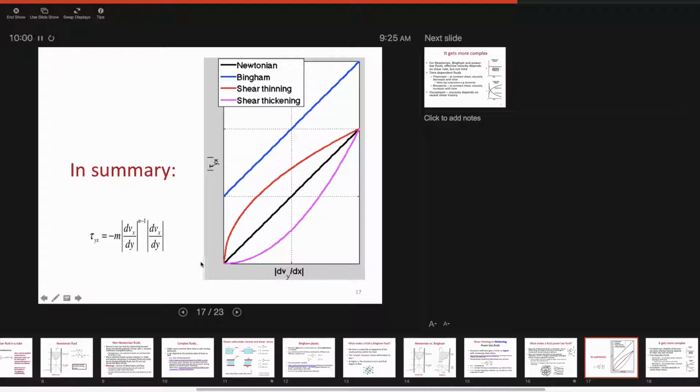This entire thing is a function of the shear that I'm plotting against, right? So for shear thinning, here the slope is more steep, okay? And here the slope is less steep, so I'm thinning out. It's easier to move. My effective viscosity decreases, okay? Because it's effectively a function of shear rate.